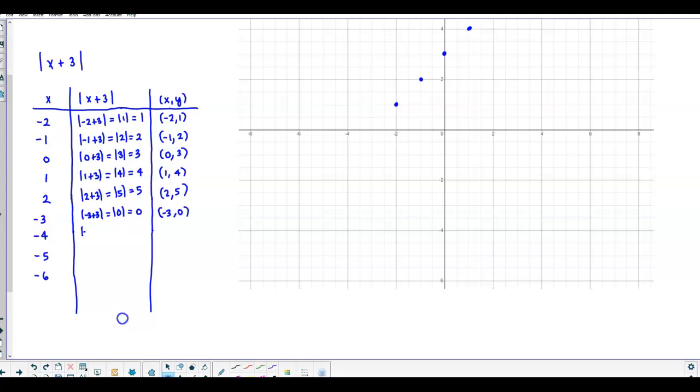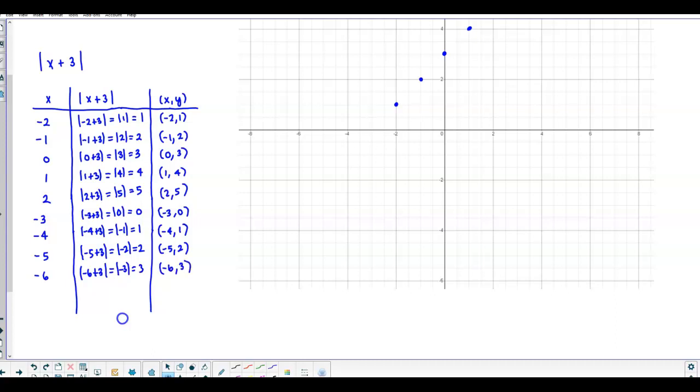If we plug in negative 4, we have negative 4 plus positive 3 gives us negative 1, and the absolute value of negative 1 is 1, so we have negative 4 and positive 1. If we plug in negative 5 and then add 3, we get the absolute value of negative 2, which is positive 2, so we have negative 5 and then positive 2. And if we plug in negative 6 plus 3, that's the absolute value of negative 3, which is positive 3. So we have negative 6 and then positive 3.